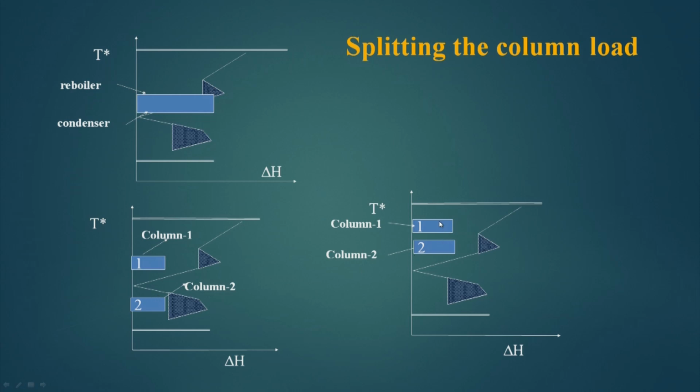This is the second case, where both the columns can be put above the pinch, because there is sufficient delta T available here, and both the columns can be put one above the other, utilizing the area above the pinch. So, this is how by splitting the columns we can fit those columns into the GCC and run the columns almost free of cost.